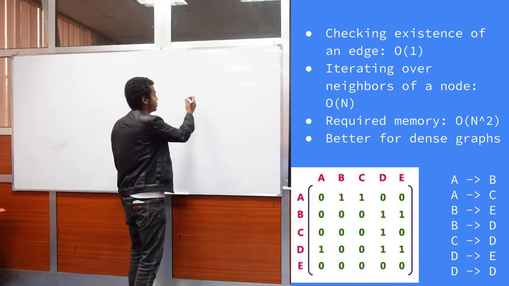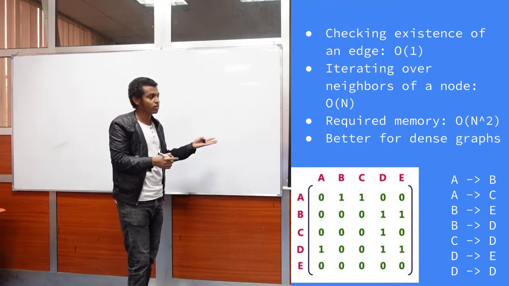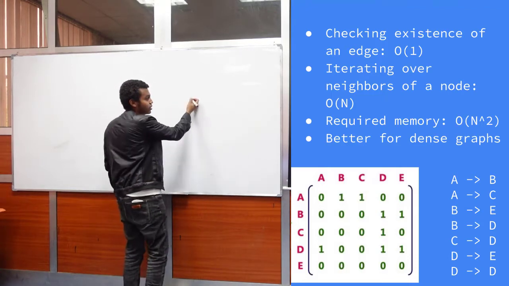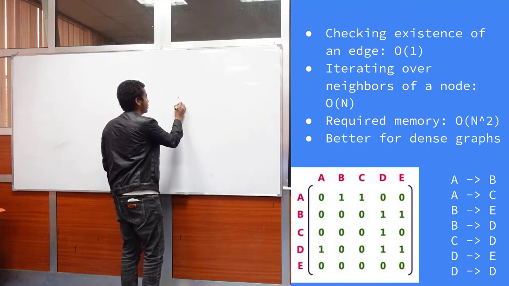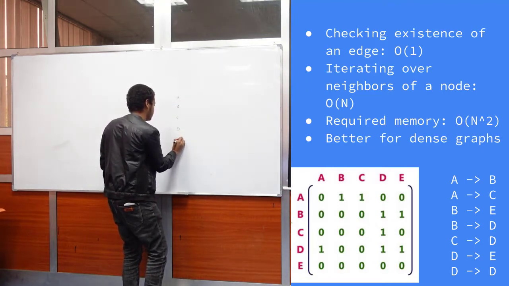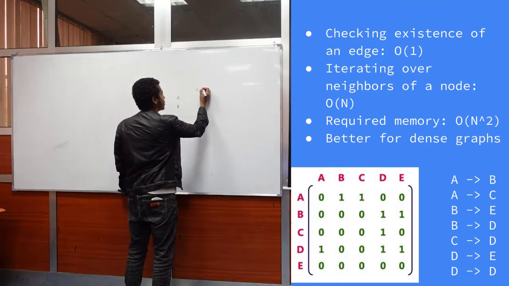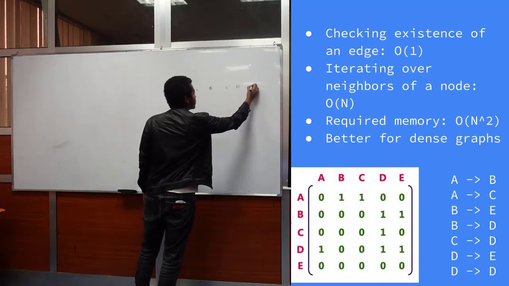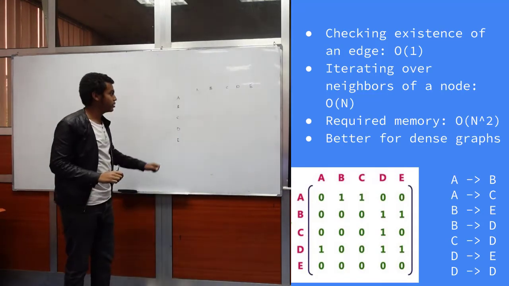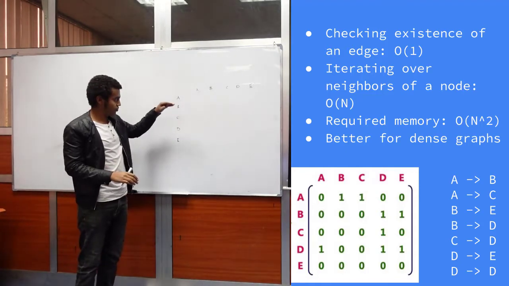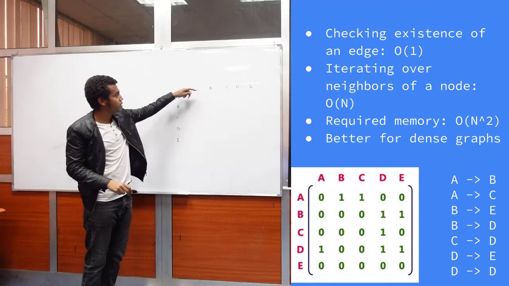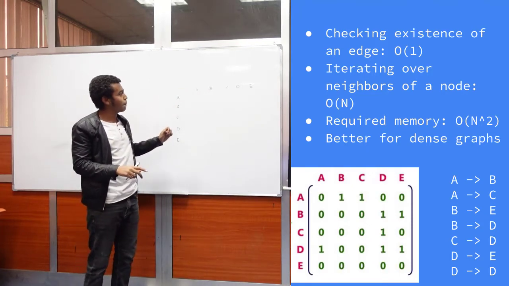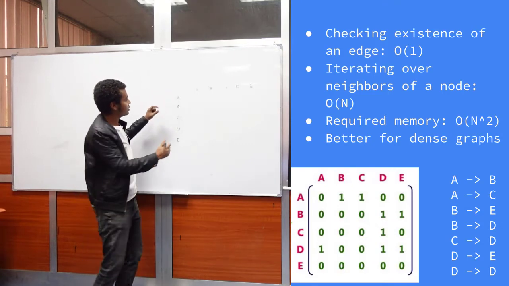Let's use this graph. First we find the number of nodes. It's 5, so we're going to have a 5 by 5 matrix. Each cell in the matrix is supposed to represent the relation between this row and this column.